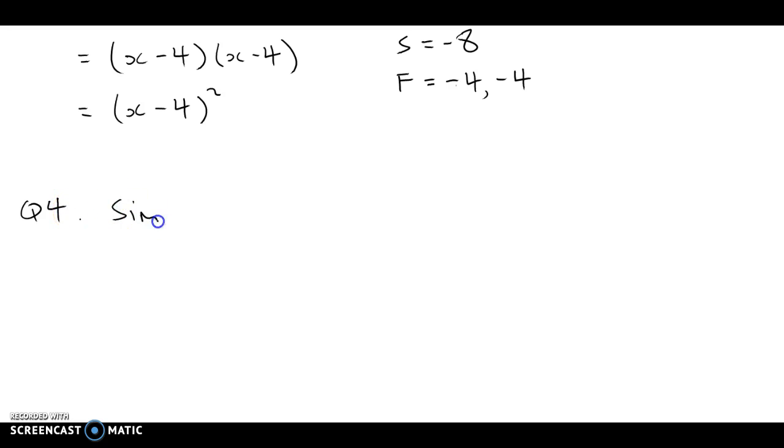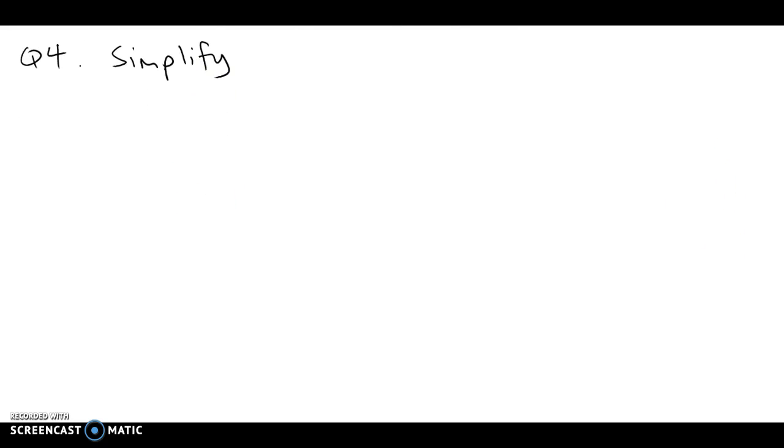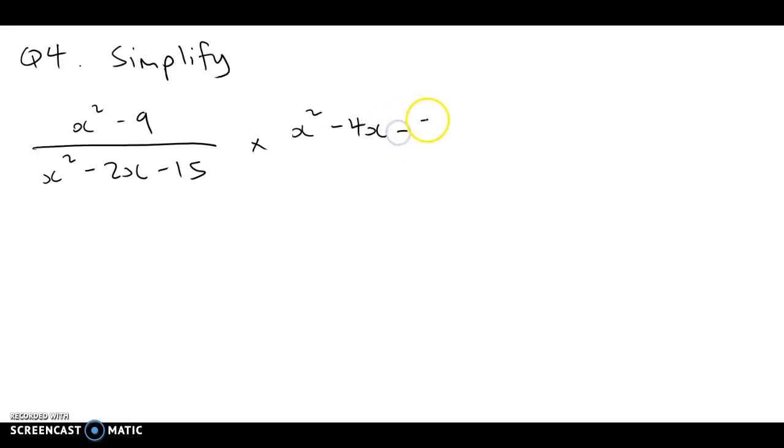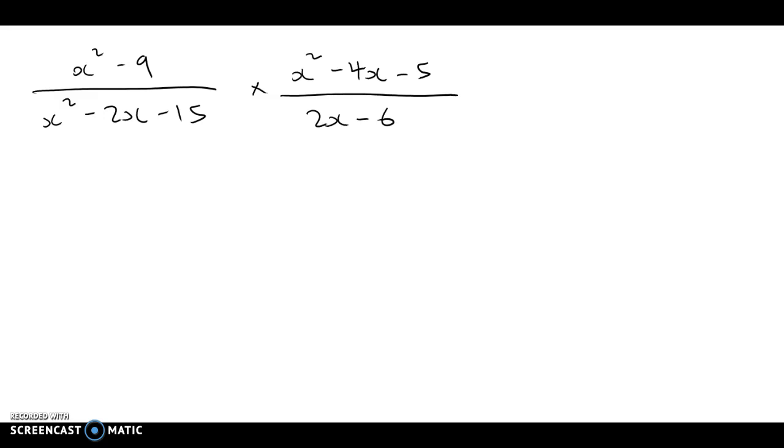Let's simplify x squared minus 9 over x squared minus 2x minus 15, times x squared minus 4x minus 5 over 2x minus 6. Alrighty, now what's going to help us in this process is to factorise as many of these expressions as possible.